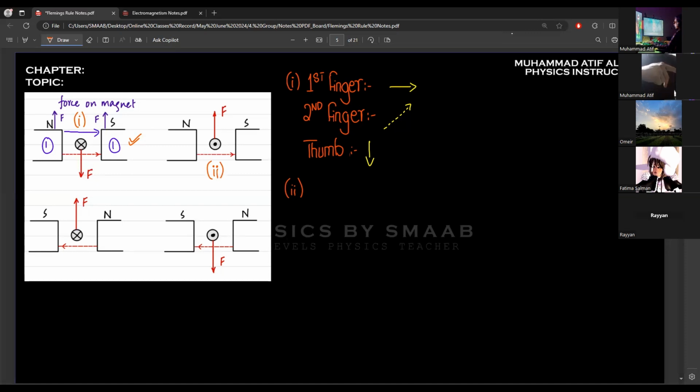And if you reverse the direction like this, now this finger shows you that it is coming out of the paper. Okay. And when you open up the thumb, you can see that the thumb shows you direction upward, and this second finger shows you direction out of the paper, and the first finger shows you direction from north to south. So in this way, you can set your left hand to identify the direction of the force. Okay.